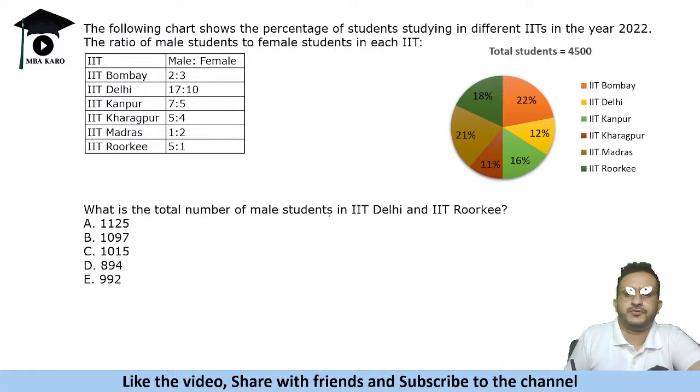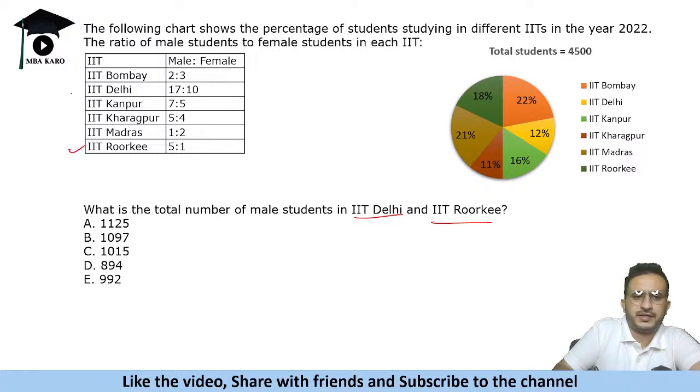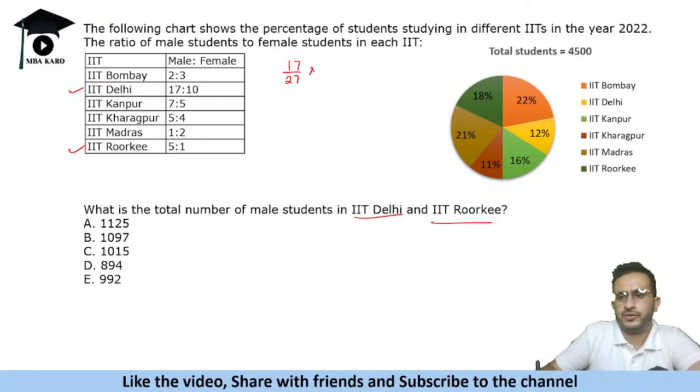What is the total number of students in IIT Delhi and IIT Roorkee? Now since it is asking only two institutes, we shall calculate them. Okay, IIT Delhi, so we will first find in percentage terms. See, do not calculate the numbers separately. IIT Delhi is 17 by 27 of 12. So this is 4 by 9, 68 by 9%.